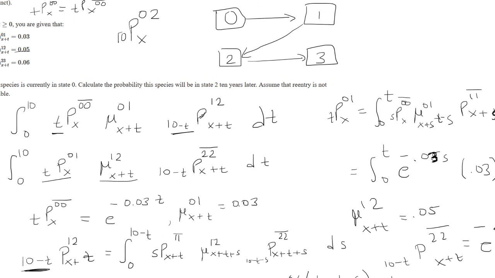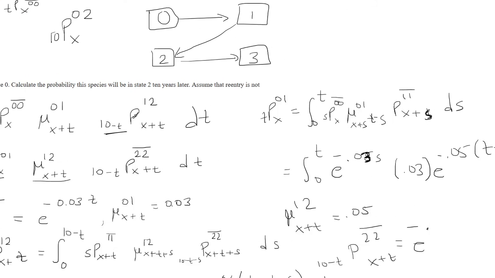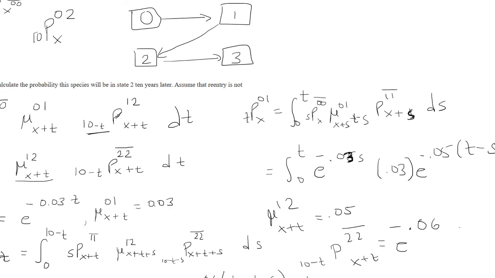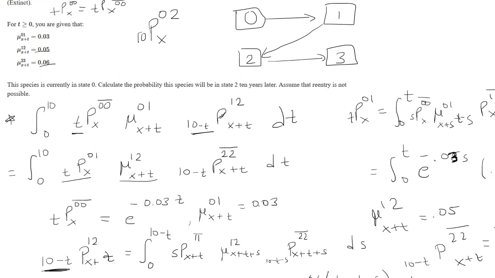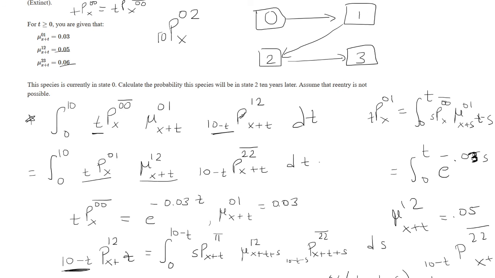So that's this guy right here. And we're going to do that for 10 minus t. So we would put everything together, and for both integrals, the final answer will be 0.047124.